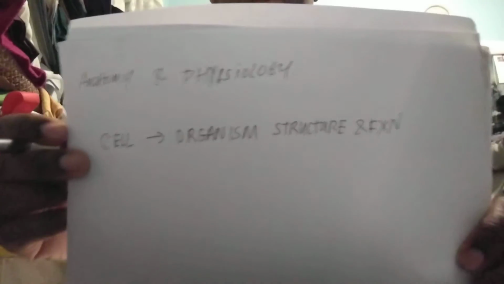And what we're going to be talking about today, at least, is cell to organism structure and function on a basic level. So you can read that. It's basically structure and function on a basic level.